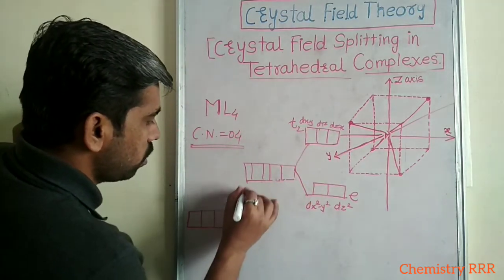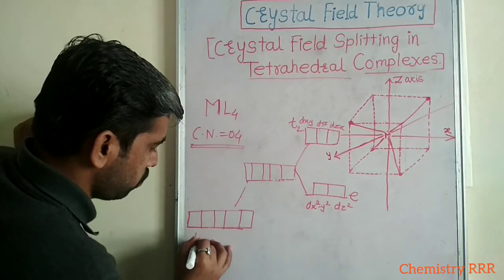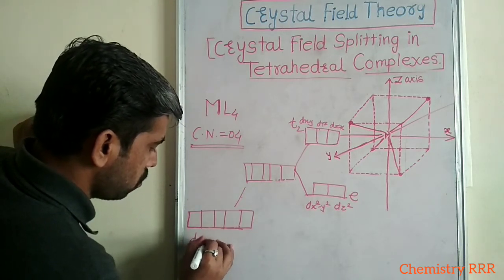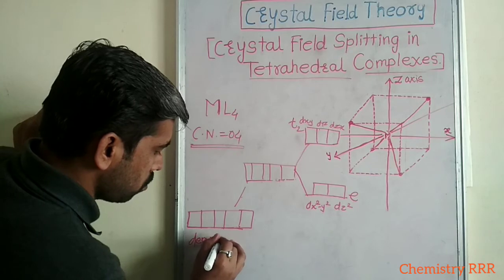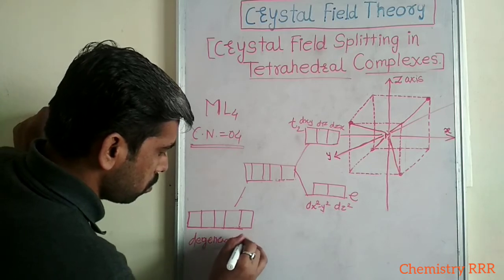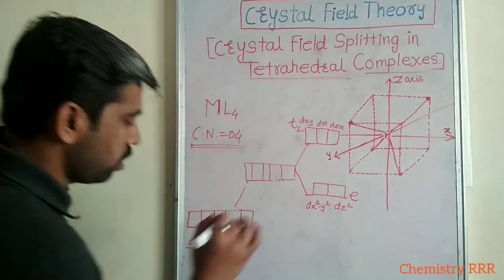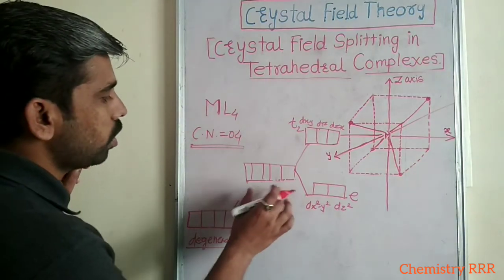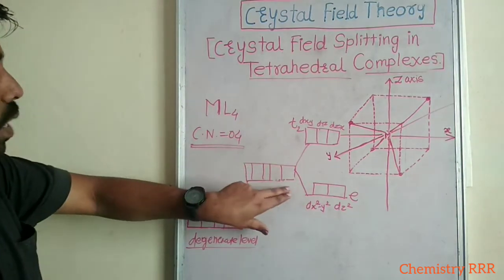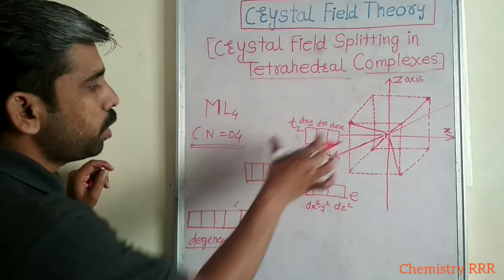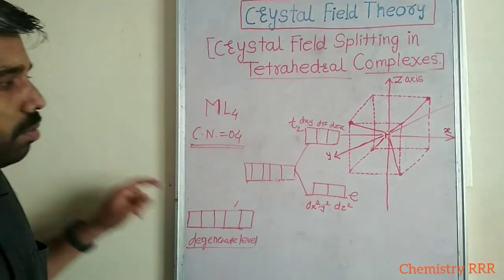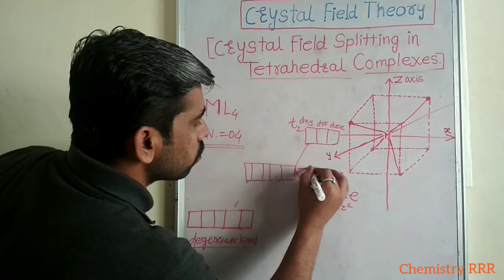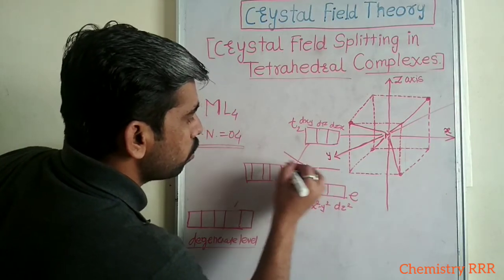This is the degenerate level. Degenerate means the energy of all these orbitals is the same. Now these 5 orbitals split into the T2 and E sets of orbitals. This is called the barycenter.